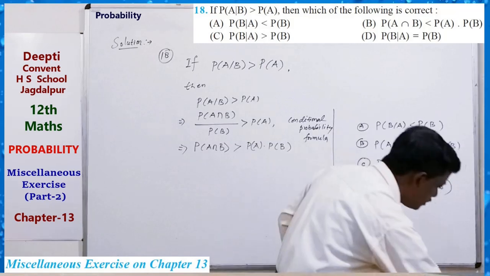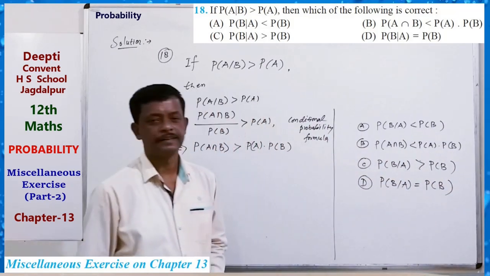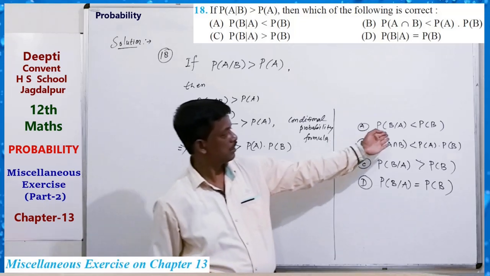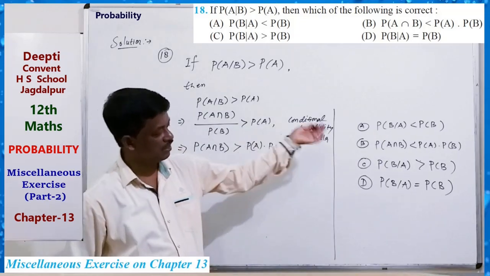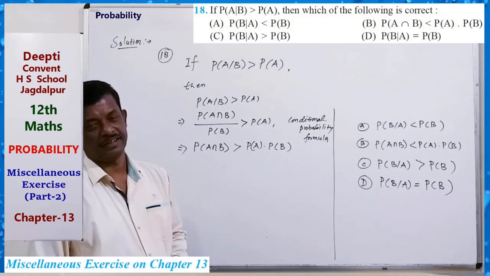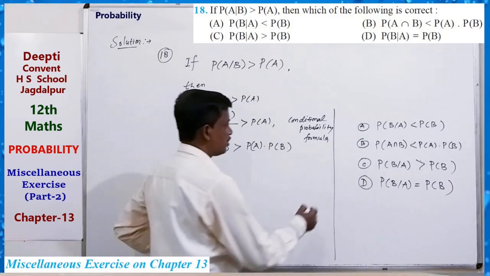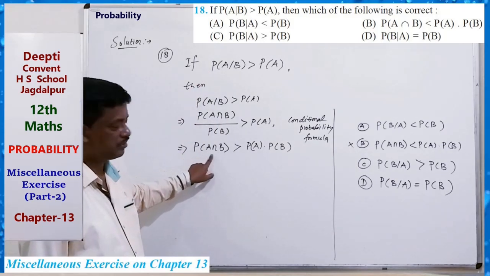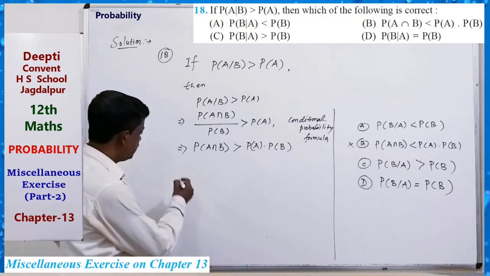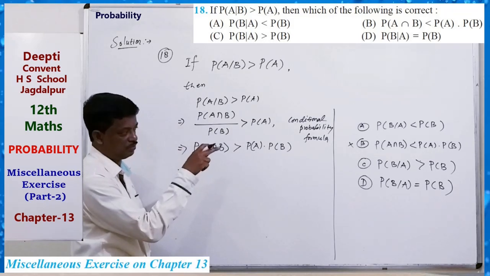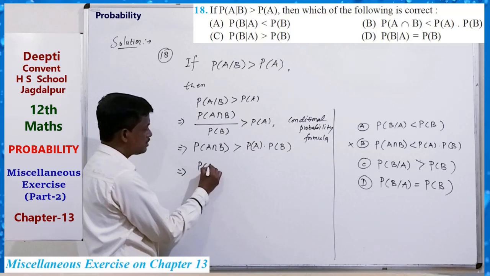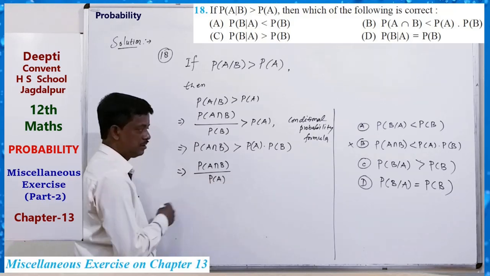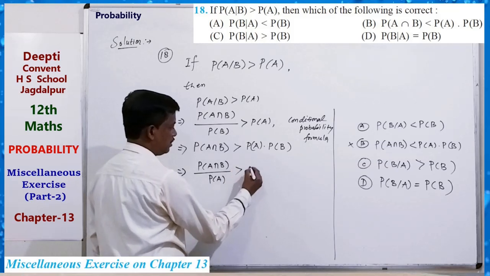So we see that this is not correct. Now, from here we can also test the other options. P(A intersection B) upon P(A) we can write, taking P(A) here, is greater than P(B).